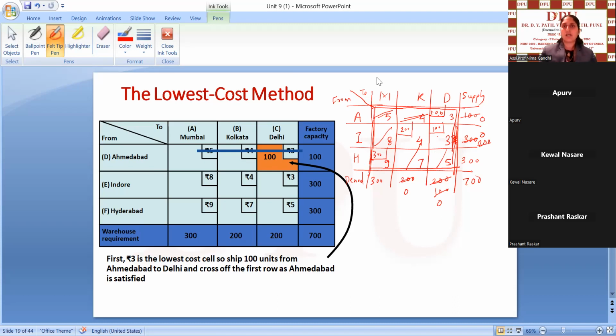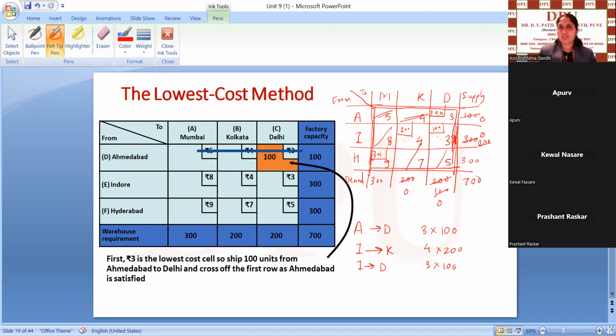So you can find out the cost now where we have done the allocations, A to D, right? A to D, Ahmedabad to Delhi, 3 into 100. Then Indore to Kolkata, 4 into 200. Then Indore to Delhi, our allocation is 100 into 3 or 3 into 100.